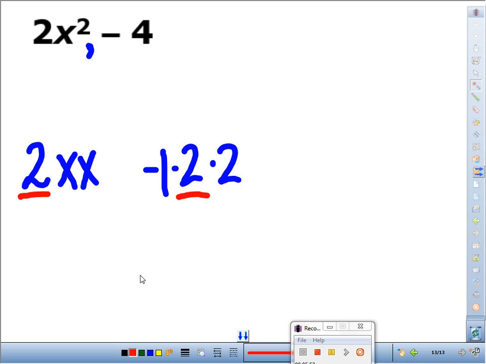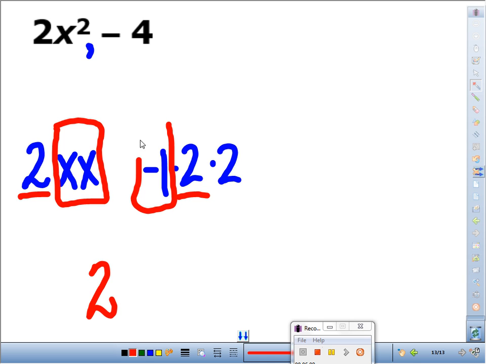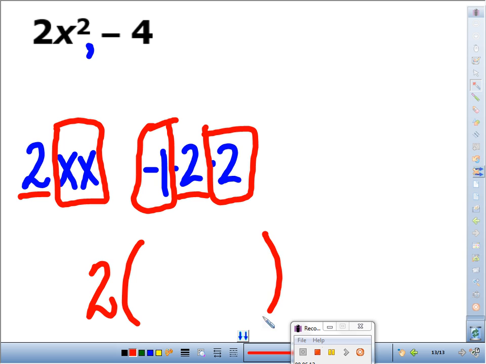That would be our GCF, right? It would go in the middle. Do we have an X on this side? No. So what's left over on this side? X squared. What's left over on this side? -1 and positive 2. This is how we write the remainder. X squared minus 2. Copy that.